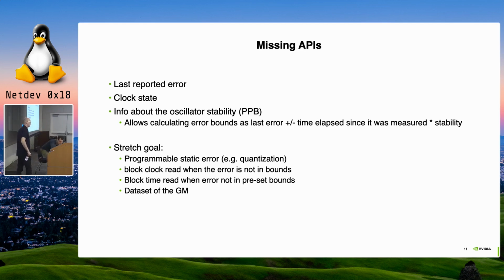And also the data set of the grandmaster that the clock is synchronized to may help with building more trust about what your clock reports. But that also needs more work, because it requires passing quite a lot of data through the device, through the firmware, or through the interface that will try to report that to the drivers.